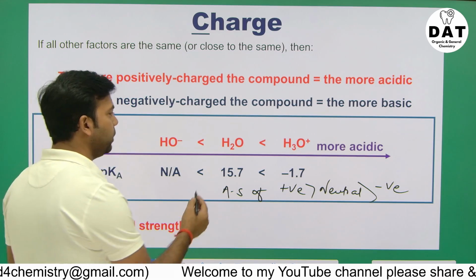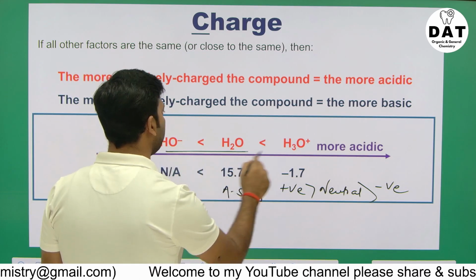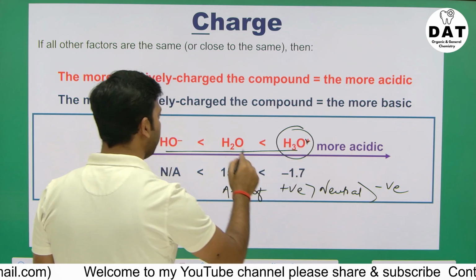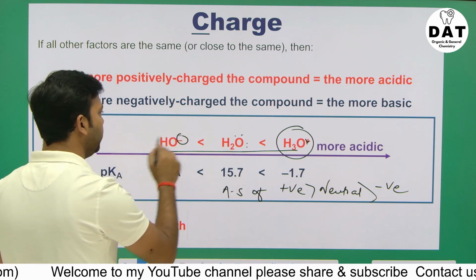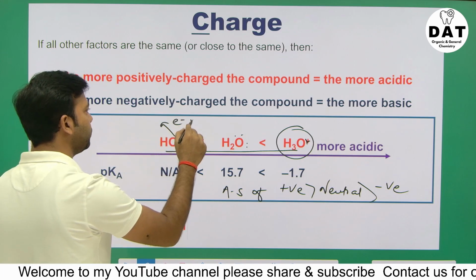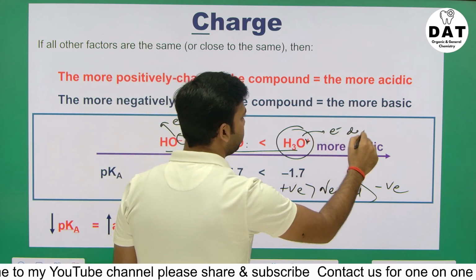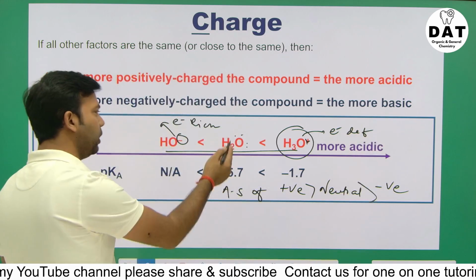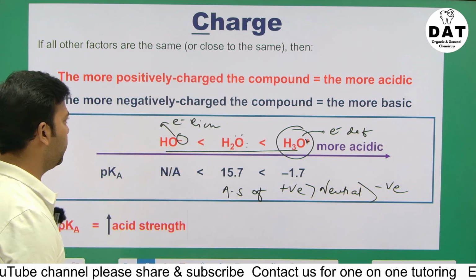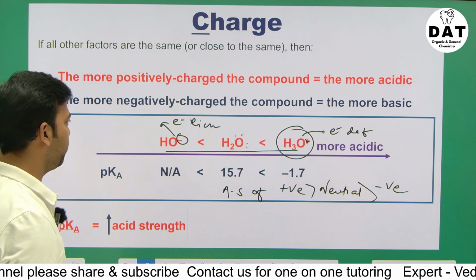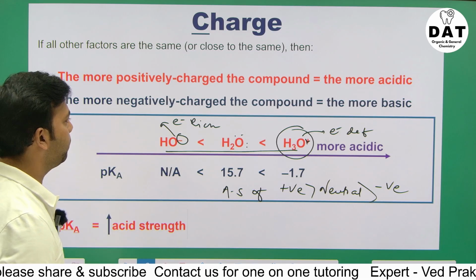So you can see, if you are going to compare the acidic strength order, H3O plus is more acidic because of the positive charge, then this is neutral and this is negatively charged. Negative means electron rich. Positive means electron deficient. And this is a lone pair one, neither rich nor deficient.